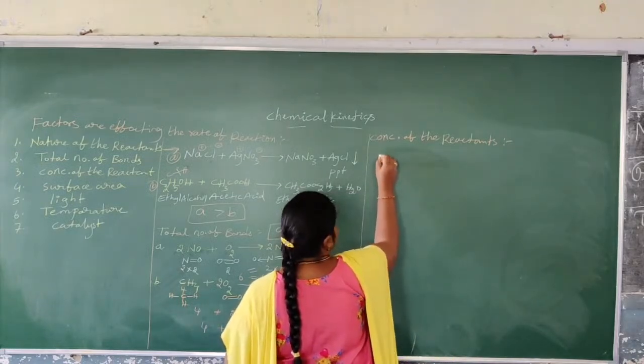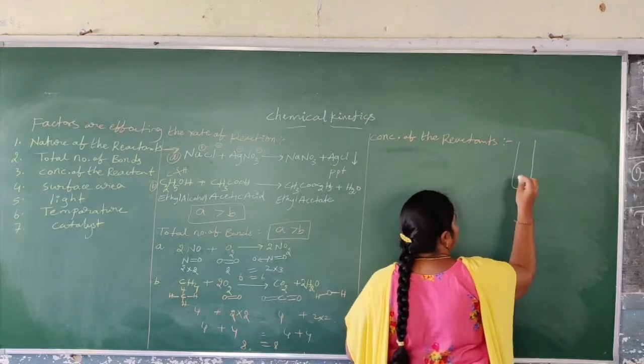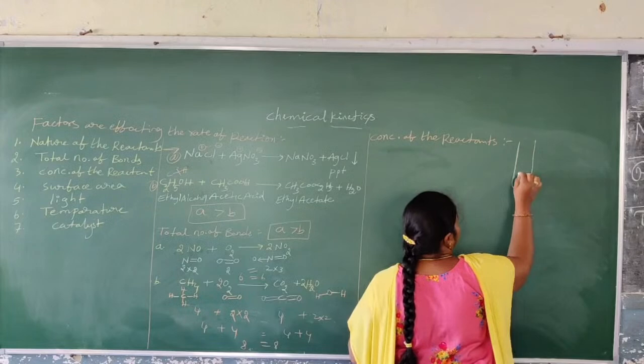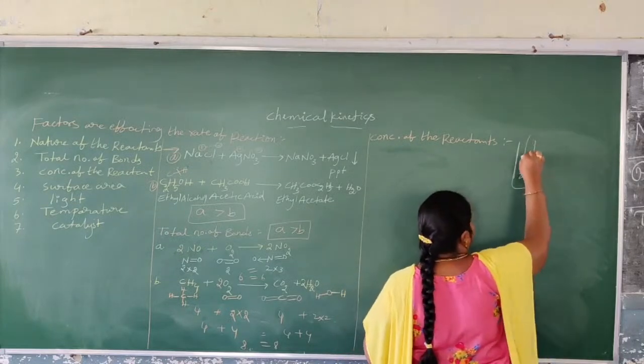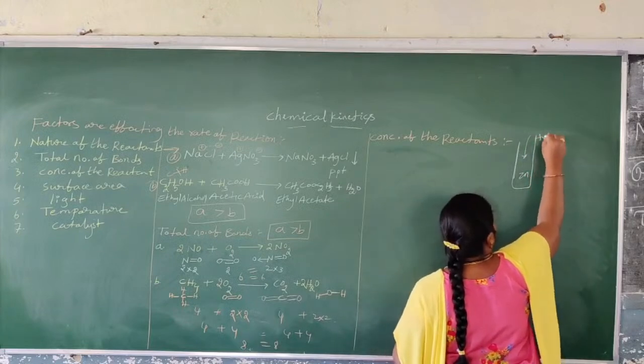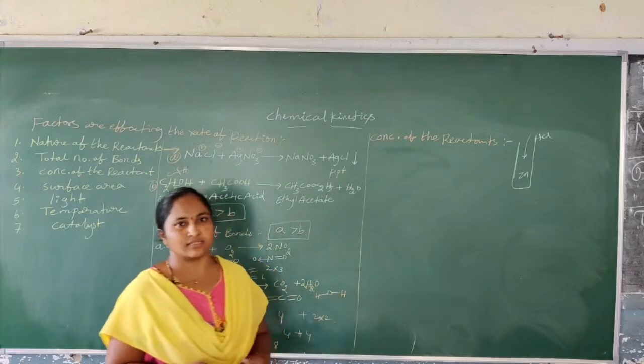Zinc granules. First of all, we take a test tube. To this test tube we add the zinc granules. To that we add HCl: first the diluted HCl, after that the concentrated HCl.